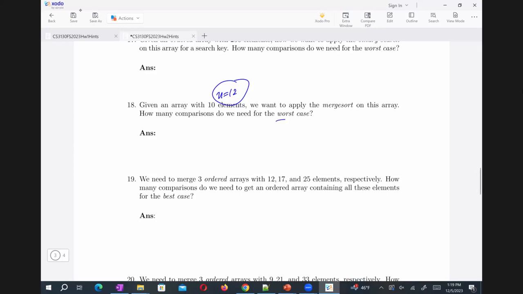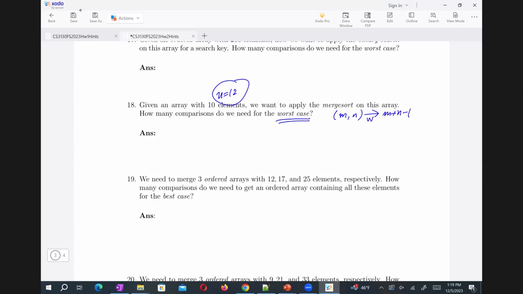First, let's get the worst case formula. When we merge n and n, the worst case formula is n plus n minus 1.